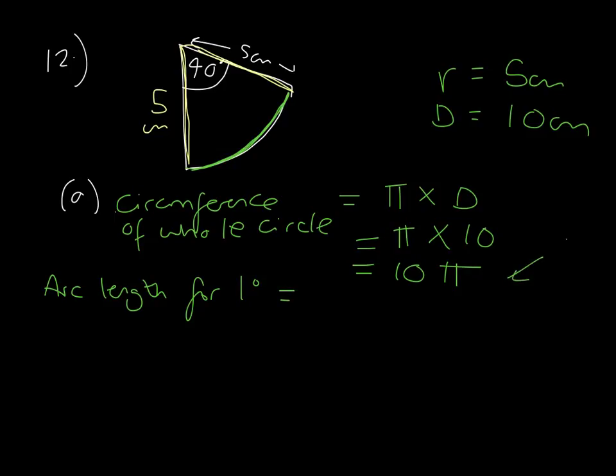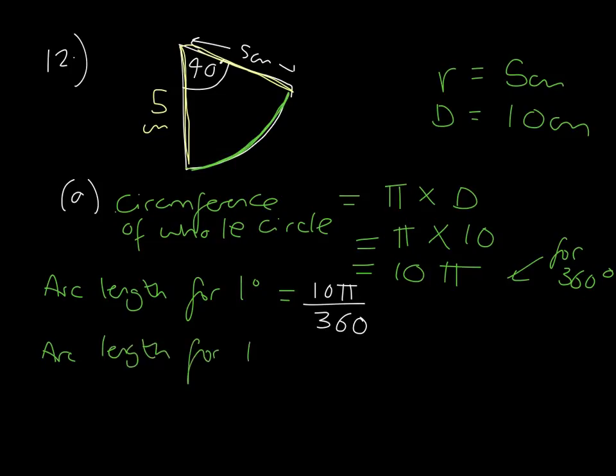This 10 pi is the allocation for 360 degrees, so the arc length for 1 degree would be 10 pi divided by 360. I'm going to leave it as 10 pi divided by 360 for the moment. Then the arc length for our sector, which is 40 degrees, would be 10 pi over 360, the allocation for 1 degree, multiplied by 40.